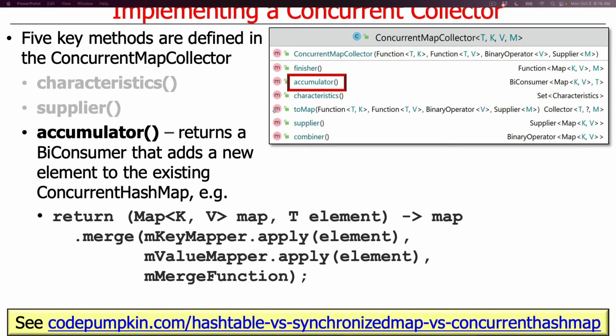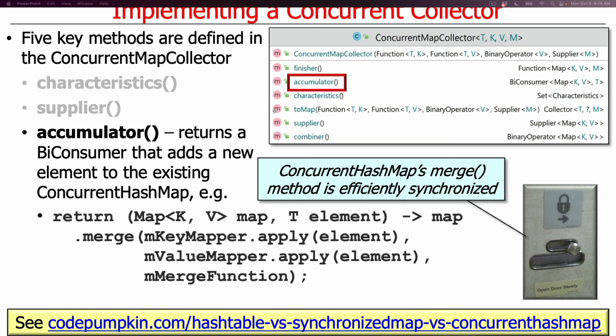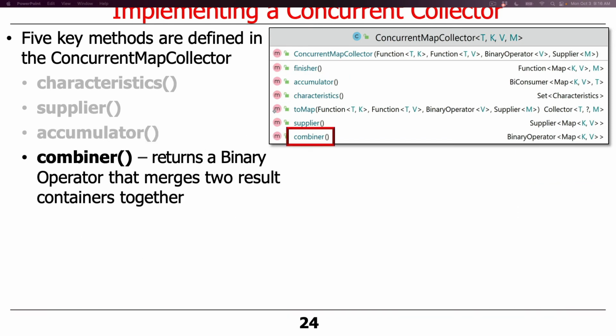And so as a result, we just pick one, and we don't really care which one it is. So here's what the accumulator method looks like. We call the merge method on the map, and we go ahead and make a new key item from the element. We make a new value item from the element, and then we pass in the merge function, which will figure out what happens if they end up hashing to the same value. ConcurrentHashMap's merge method is synchronized efficiently, so you can read more about that down here.